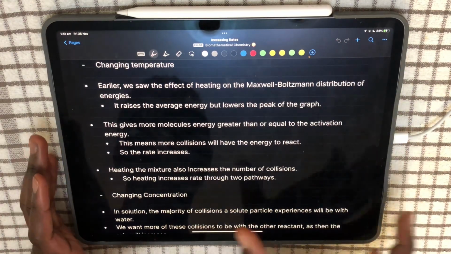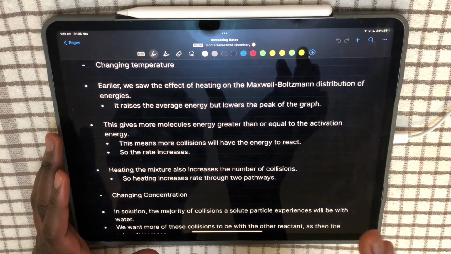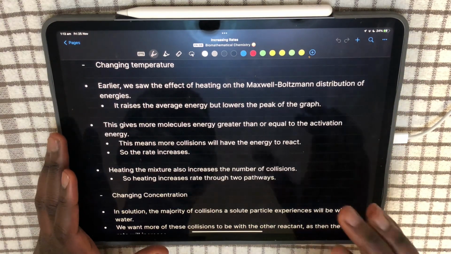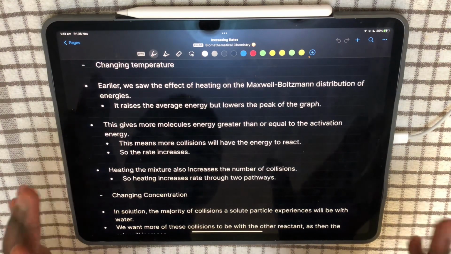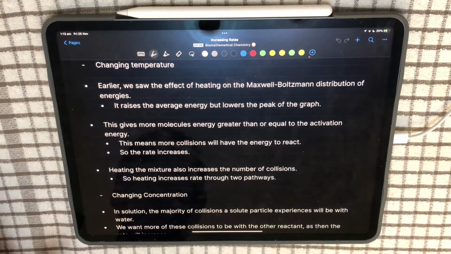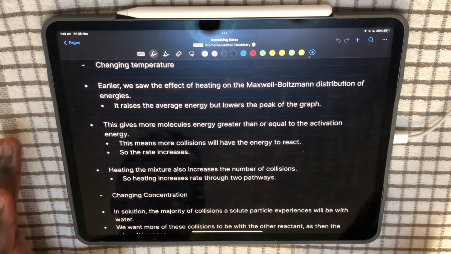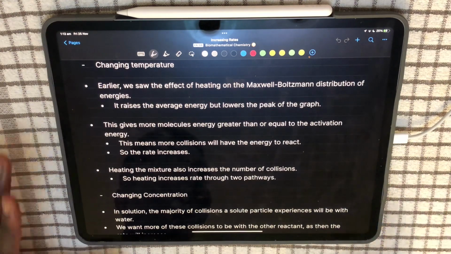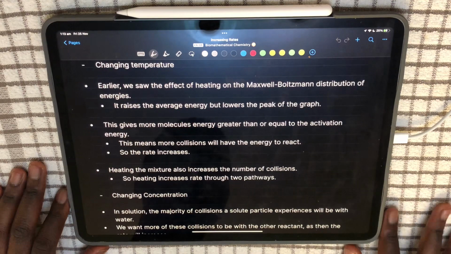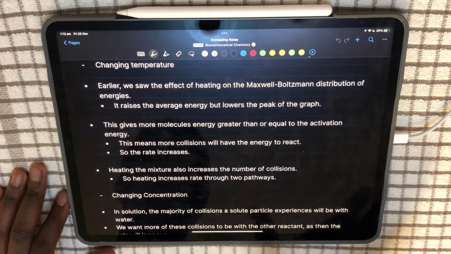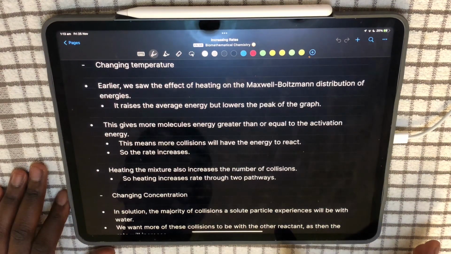When you increase the temperature, the peak gets lowered, mostly to accommodate that there's a broader spectrum of particles of specific energies, and also because the area underneath the graph represents the number of molecules, which always has to remain constant. But it also shifts right because the most likely energy of the particle has increased.